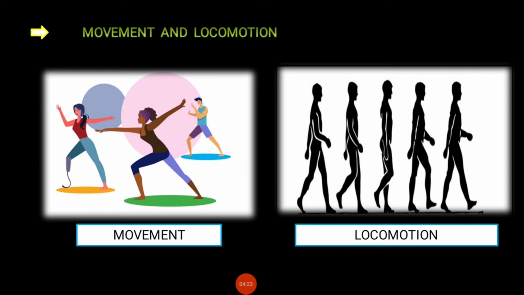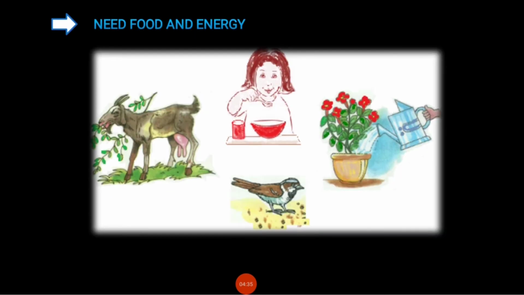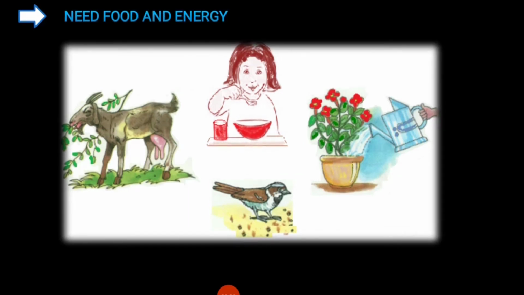Now, our next point is all the living things need food and energy. All living things need food to remain alive, grow, as well as get the energy for carrying out various kinds of life activities.